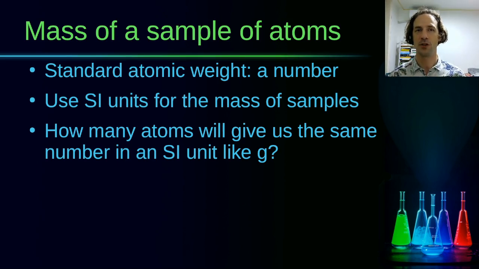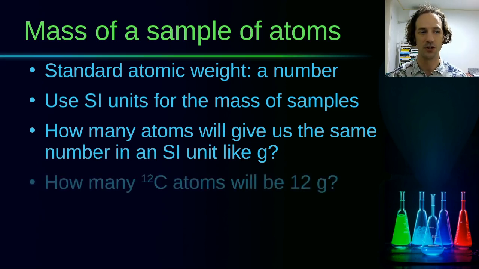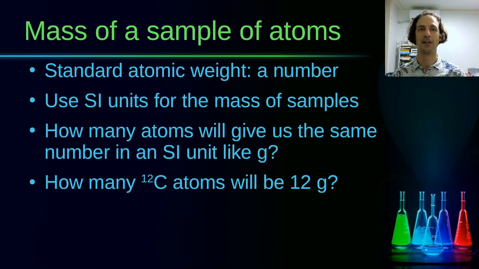And the question is: if I want to have a sample of atoms which has a mass in grams, which is the same number as the relative atomic weight of the atom, how many atoms do I need? Or you can rephrase this question based on the standard nuclide for the standard atomic weight, which is the carbon-12 nuclide. So how many carbon-12 atoms do I need to have exactly 12 gram of carbon-12 nuclides?